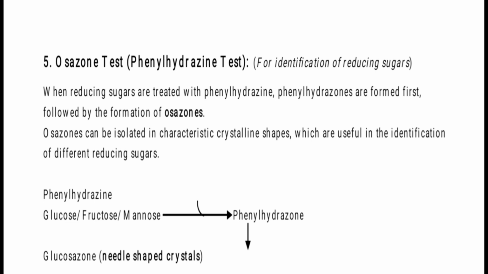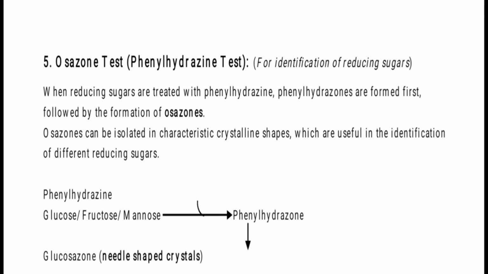What happens here: when reducing sugars are treated with phenylhydrazine with a buffer, hydrazones are formed, followed by the formation of osazones. These osazones show characteristic crystalline shapes under the microscope.